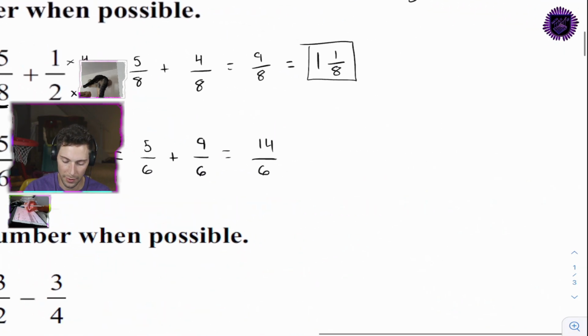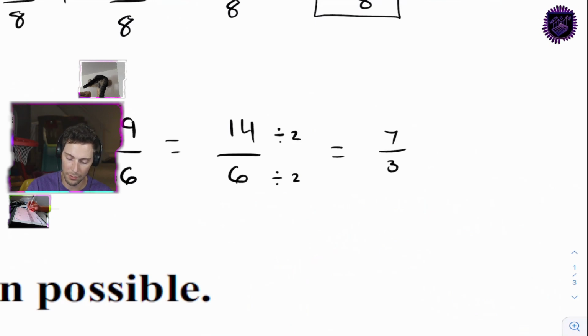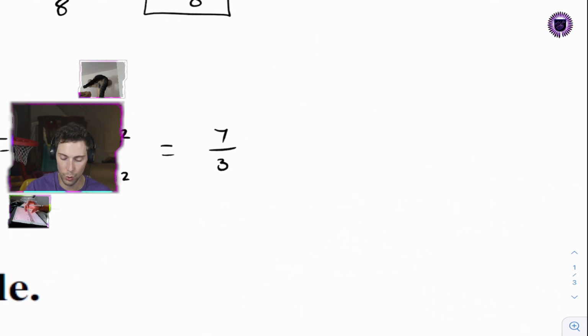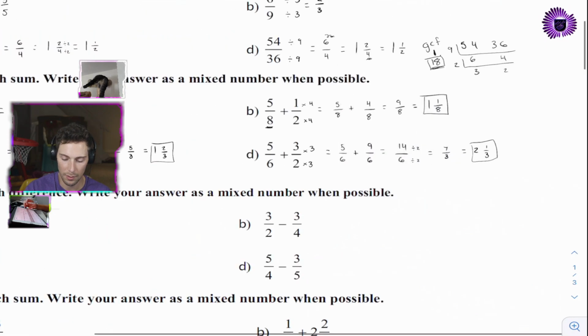So let's simplify this first by dividing the top and the bottom by the greatest common factor. So it'll be 7 over 3, and then we can take two whole groups of 3 from that 7, which will equal 2 1/3. Box our answer. Move on.